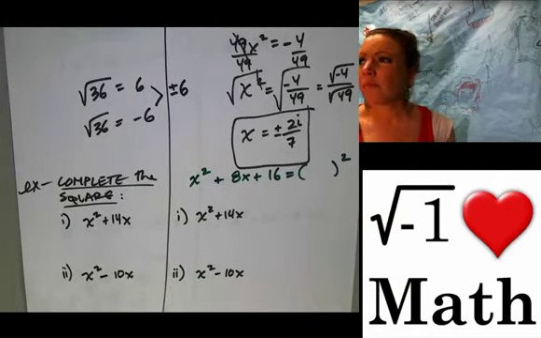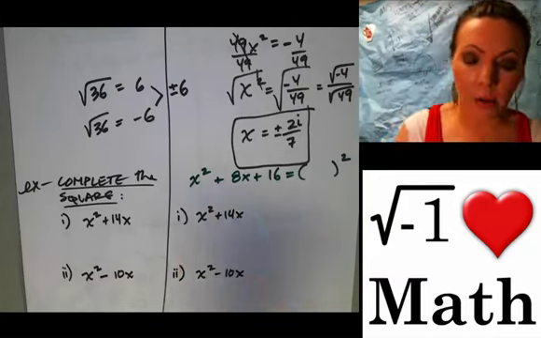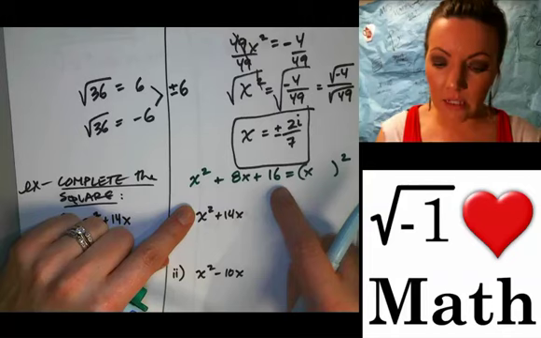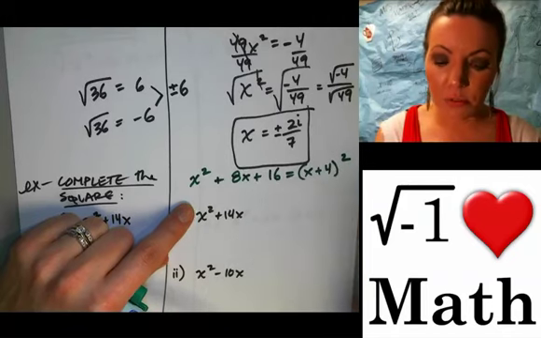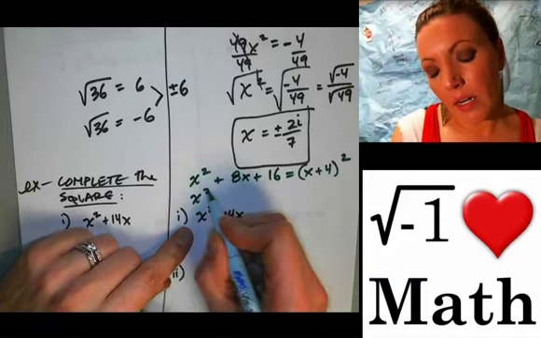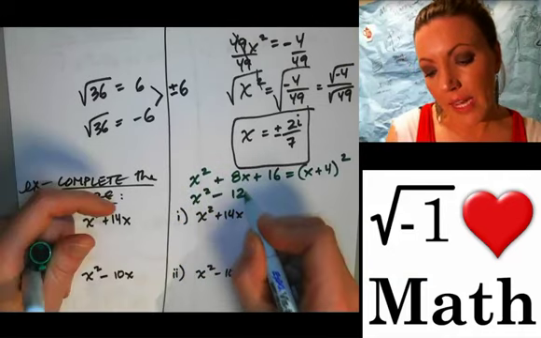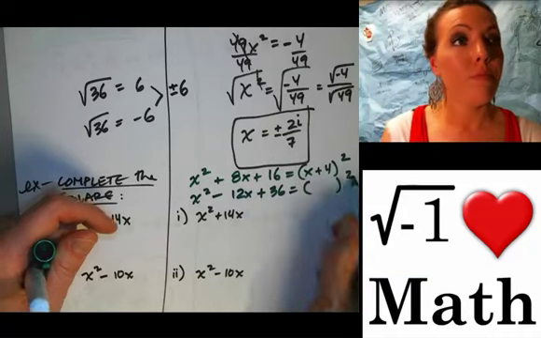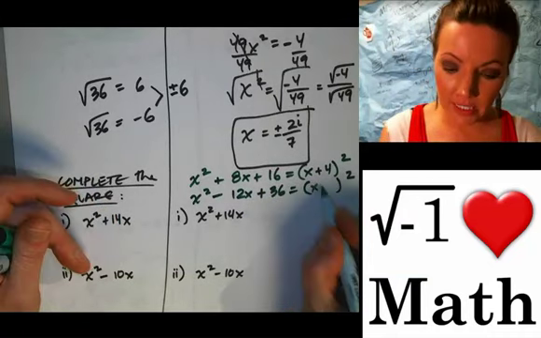So the way we factor perfect square trinomials, the square root of x squared is x. The square root of 16 is 4. So this is x plus 4 squared. Just like x squared minus 12x plus 36 would be, good, x minus 6. Everybody give it up for Sloan.